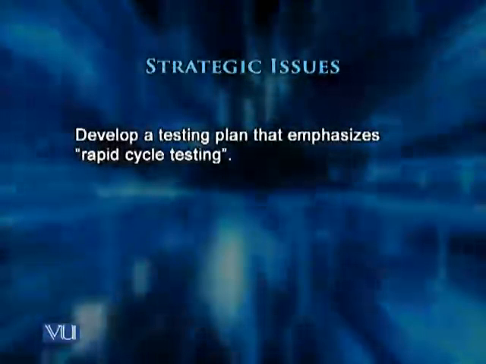We also need to develop a testing plan that emphasizes rapid cycle testing. Instead of conducting a complete testing activity, we should have rapid cycle testing, analyze the results, and make the corrections. This is going to help us use the resources better.